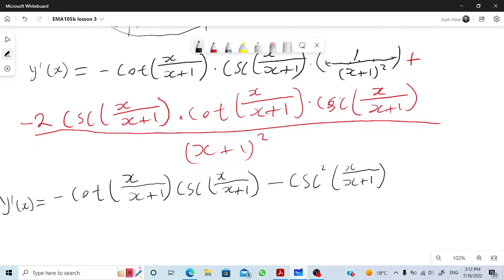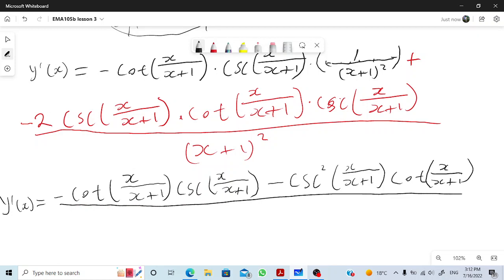Now we are only left with the cot of x over x plus 1, all over x plus 1 squared. Okay, so now this becomes the solution to that differential equation.